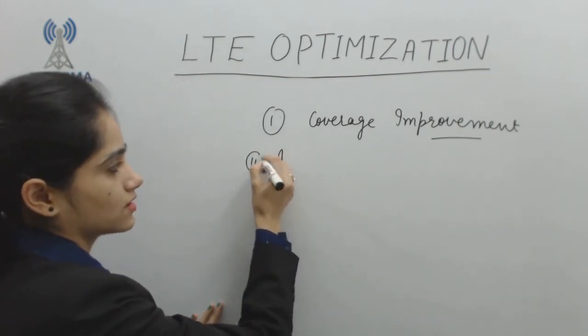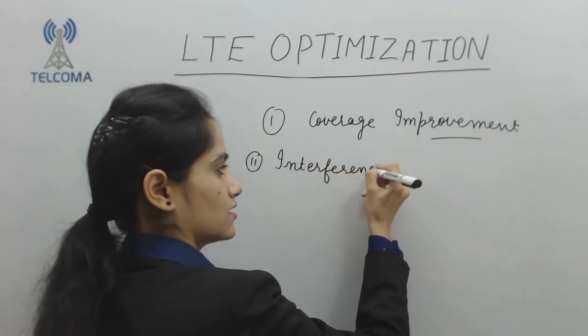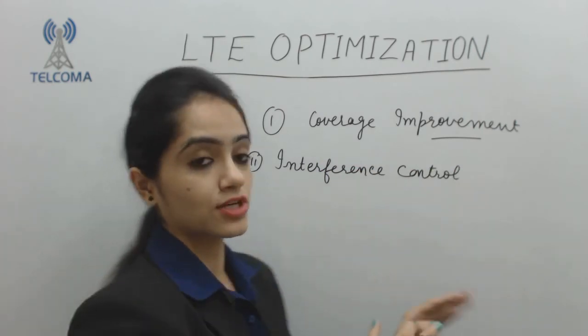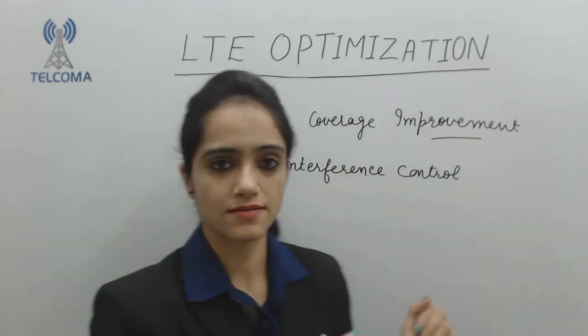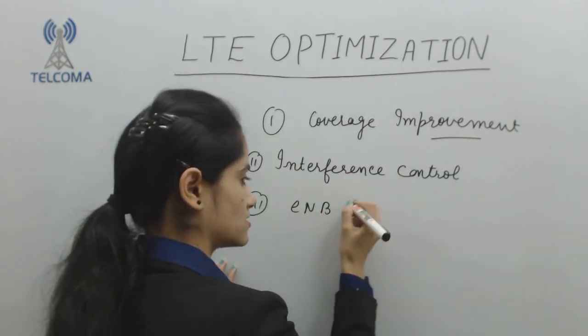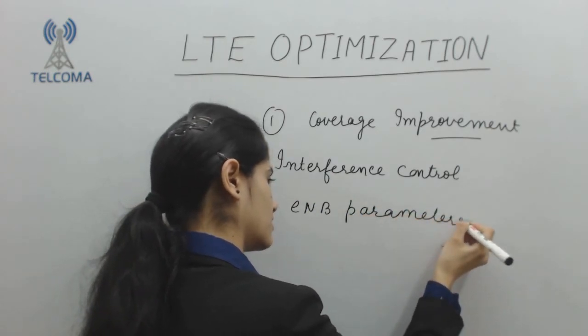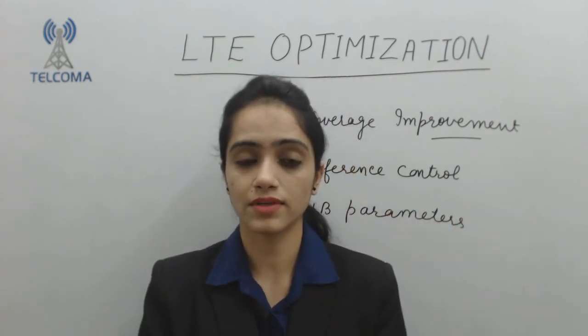We also have interference control. We are receiving more interference, and we require to control all the interference. So again, a function of the optimizer. The optimizer is required to check all eNodeB parameters, including whether neighbors are properly configured, since that affects handover.